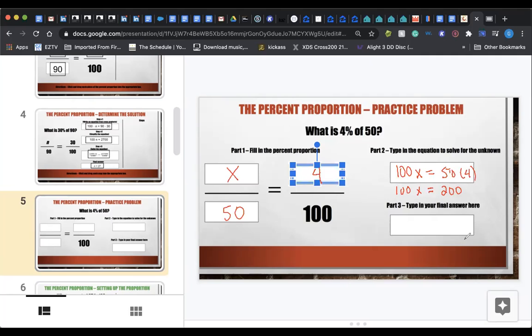All right. And then my final step is going to be to divide that 100 out, right? What am I going to get when I divide both sides by 100? It's going to be X is equal to what? 200 divided by 100. 2. Those are your steps to solving a proportion.